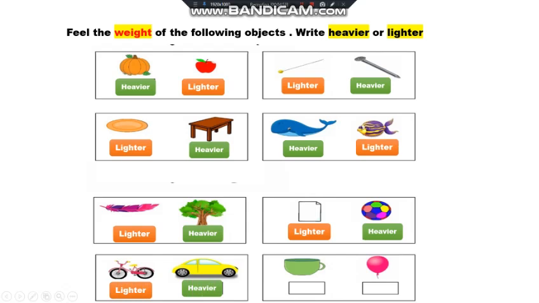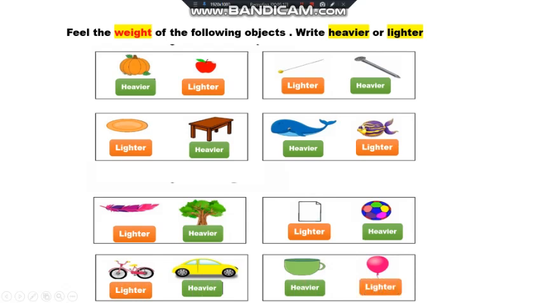The cup is heavier as compared to the balloon. That means the cup is heavier and the balloon is lighter.